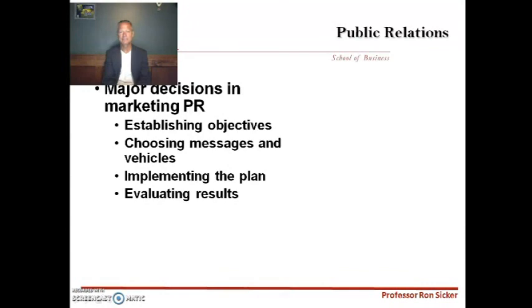Major decisions is you want to establish objective. You also want to have timing. If you're always in the newspaper, people think you're tooting your own horn and you're only doing it to increase business. So you've got to make sure that your hits come often, but they come in a timely manner, and it doesn't look like we're just being self-promoting. You've got to evaluate your plan, implement your plan.